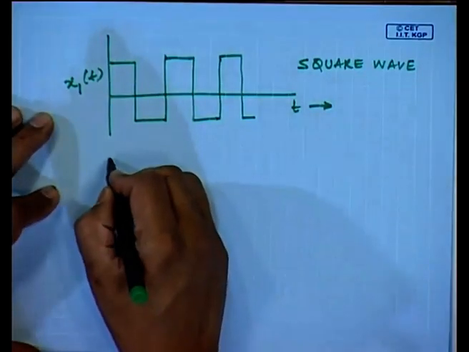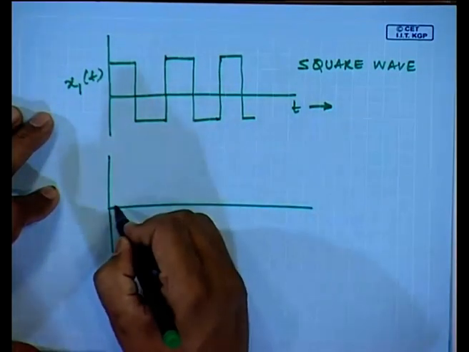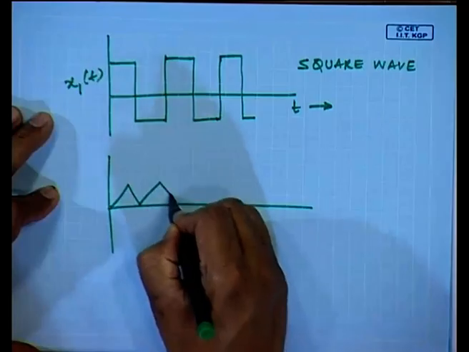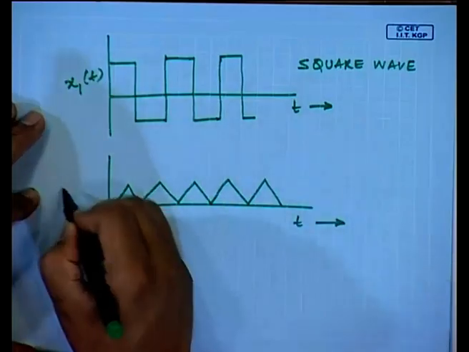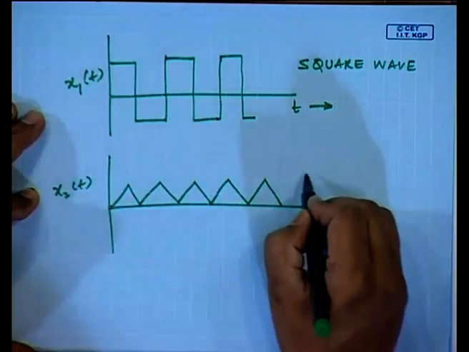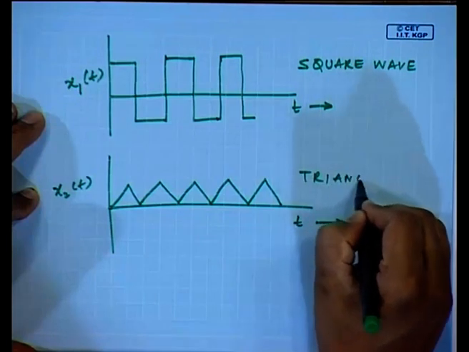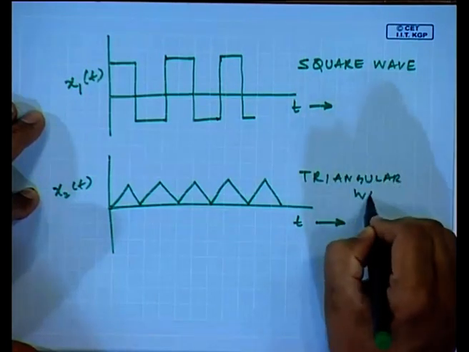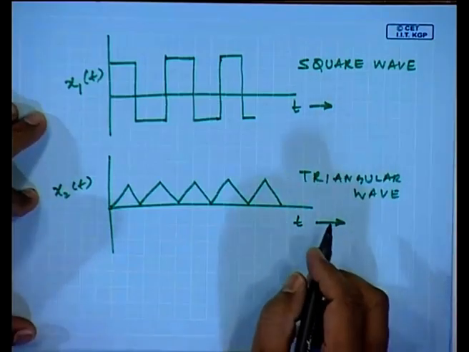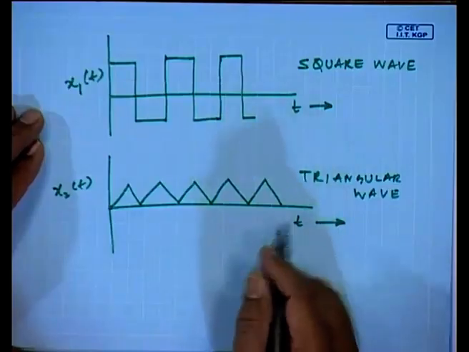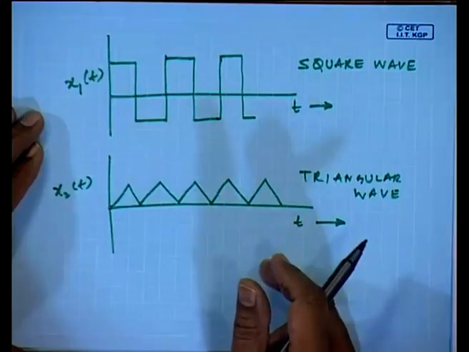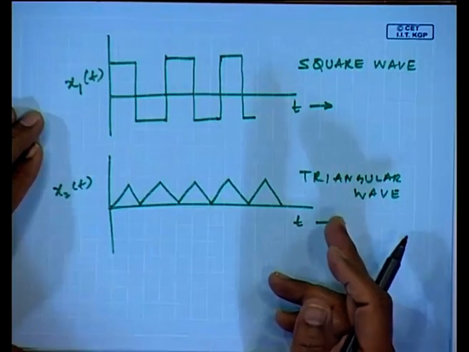Signals which look like this, this is a triangular wave. In fact, there are commercially available signal generators, wherein you can electronically produce such signals, either to calibrate your equipment or to check your equipment. This can be done, and we will be using these waveforms later on to understand the frequency domain analysis.